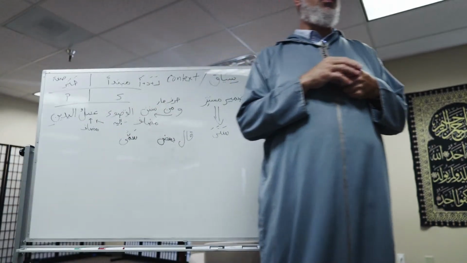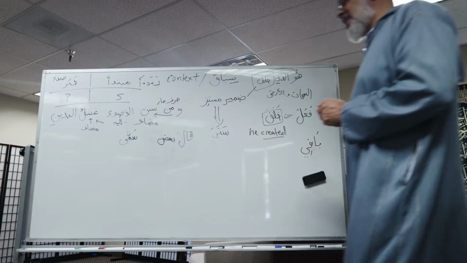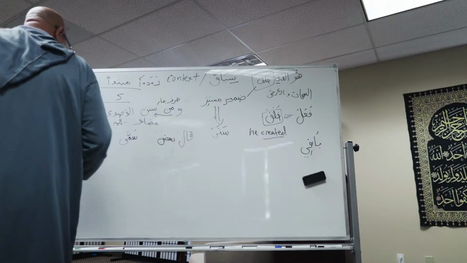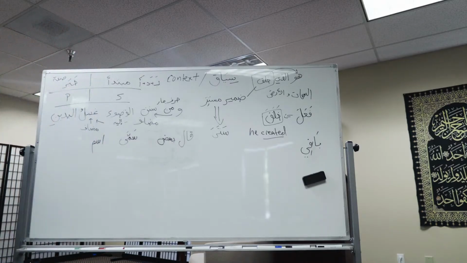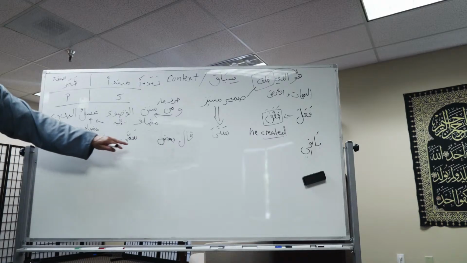What is the meaning of سمى? Not سمع, but سمى. So the word ism is a noun that also means noun, but also it's a name, like ما اسمك, what is your name?